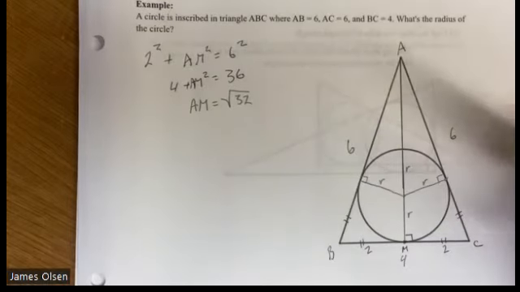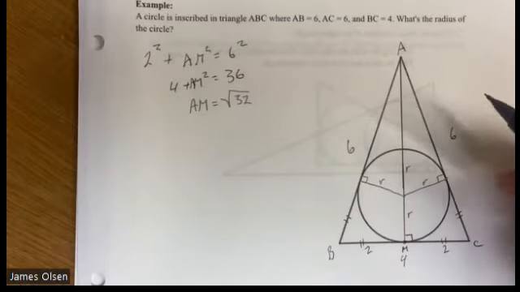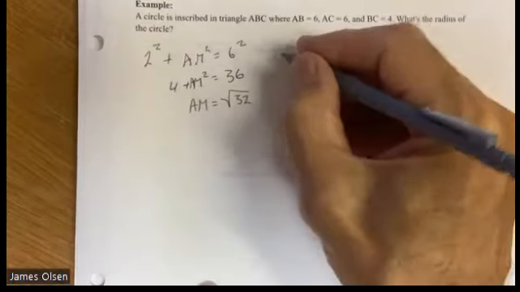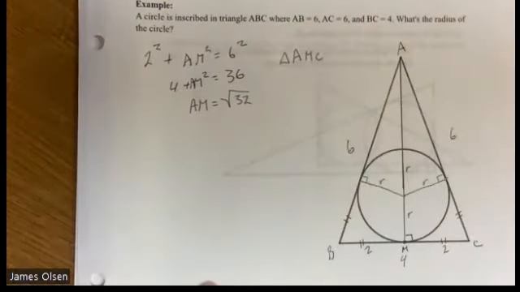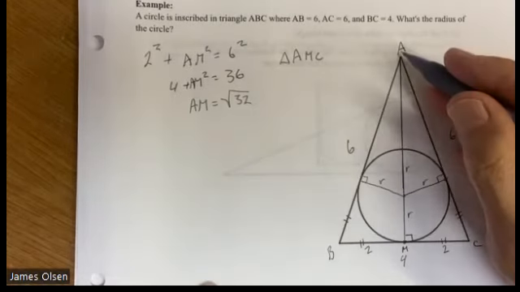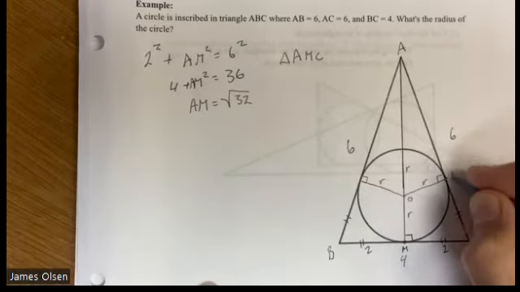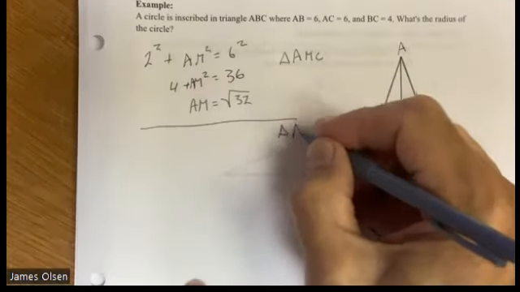Okay, now it's oftentimes the case we would like to use different right triangles and maybe do the Pythagorean theorem twice. So this right here was for triangle AMC. Now I would like to do the Pythagorean theorem on triangle, I'll call this maybe ON, triangle AON.